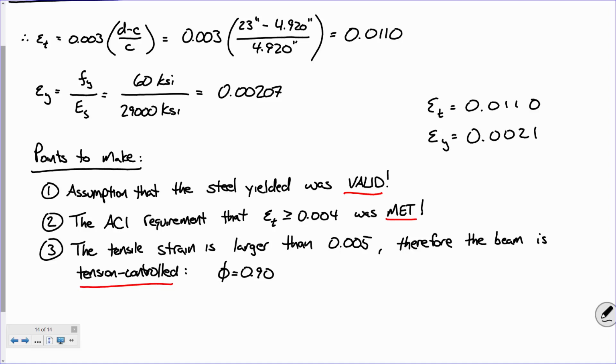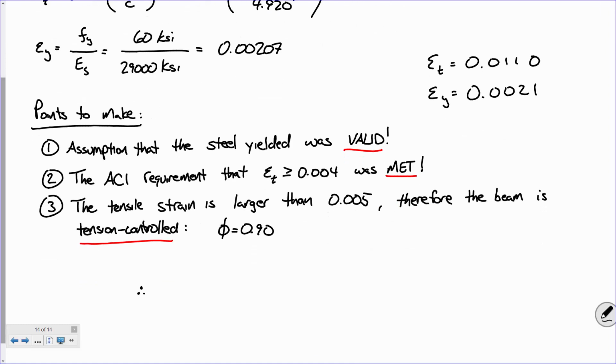So therefore, what is phi Mn? It's 0.90 times what? There we go, 247.8 foot-kips.